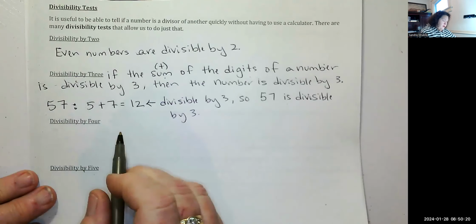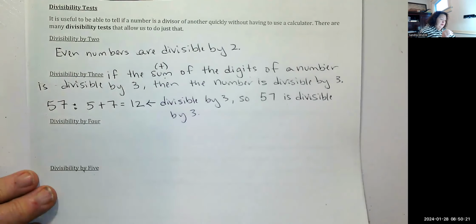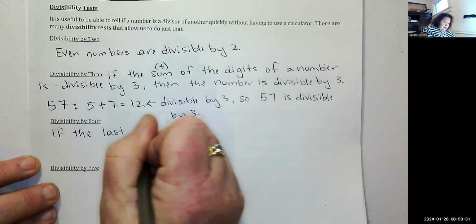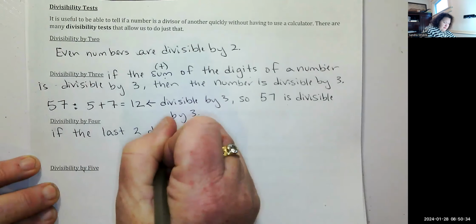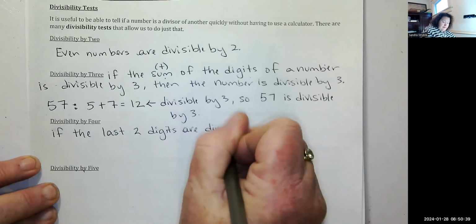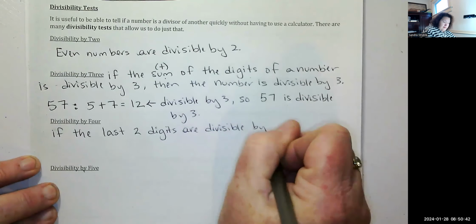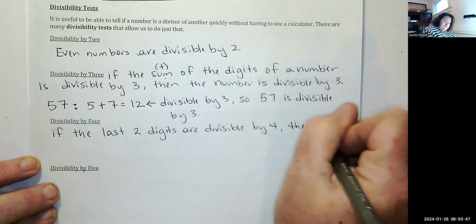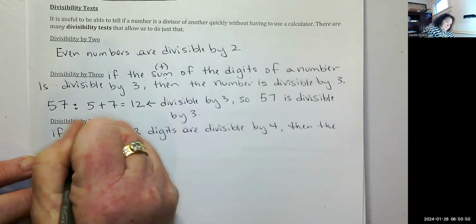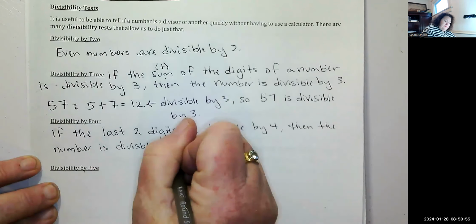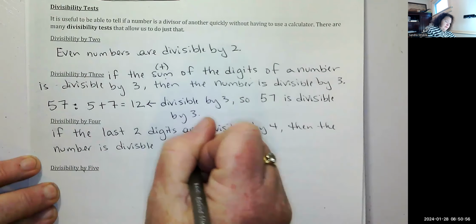Divisibility by 4: if the last 2 digits of a number are divisible by 4, then the number itself is divisible by 4. Like 1024.